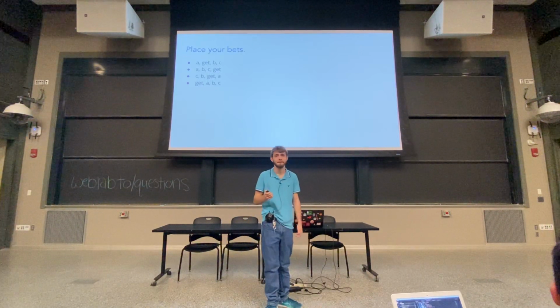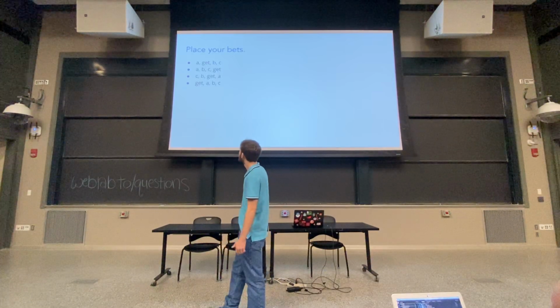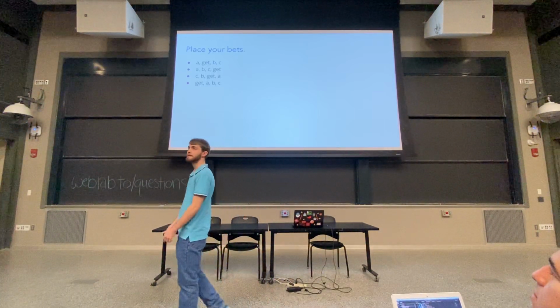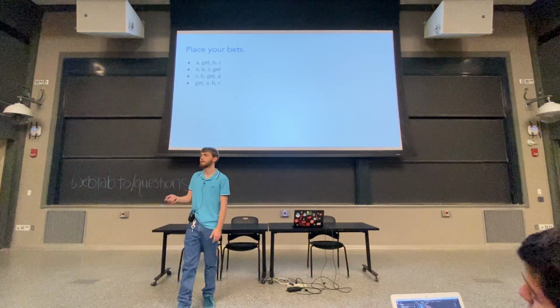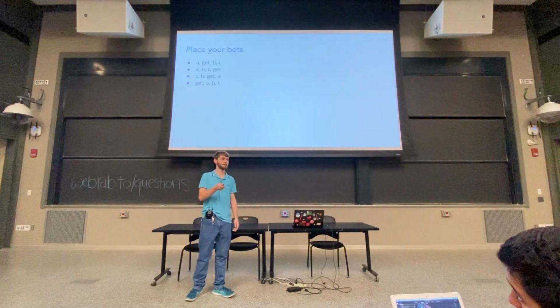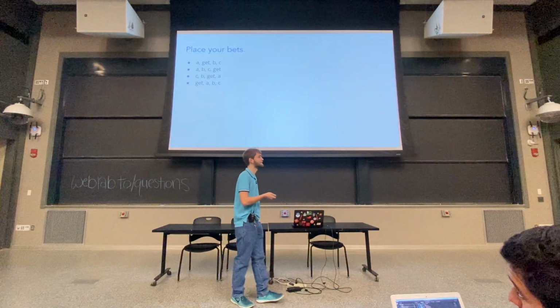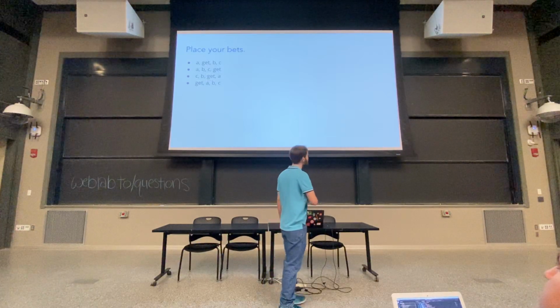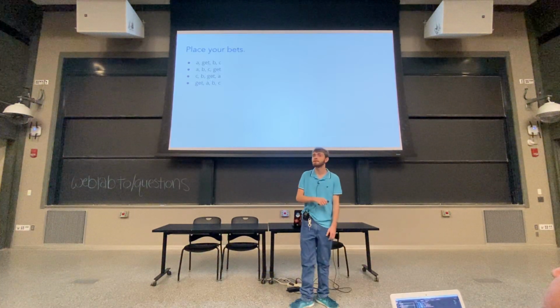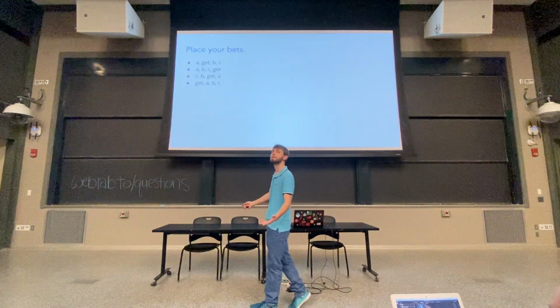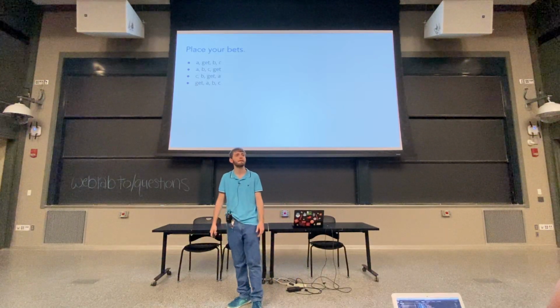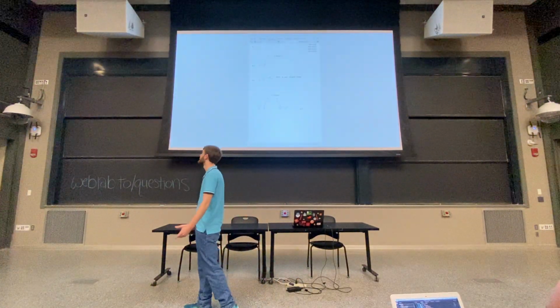No way, okay. What about option two, A, B, C, and then the get? How many of you think? We got 1, 2, 3, 4. Okay, what about option three? Nobody for option three. Option four? Nobody for option four, okay. Well, it turns out you were all correct.